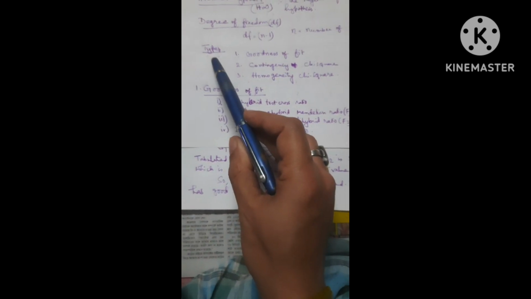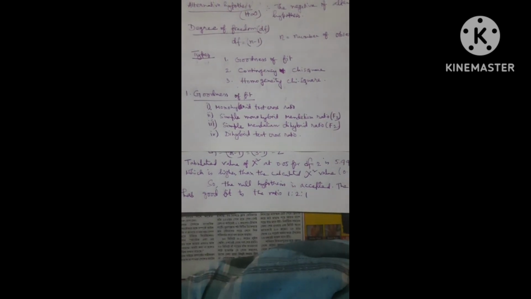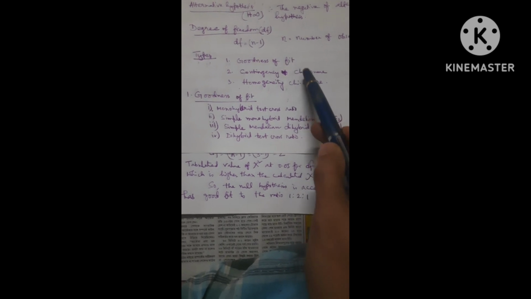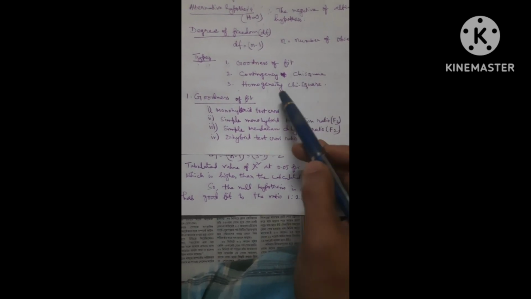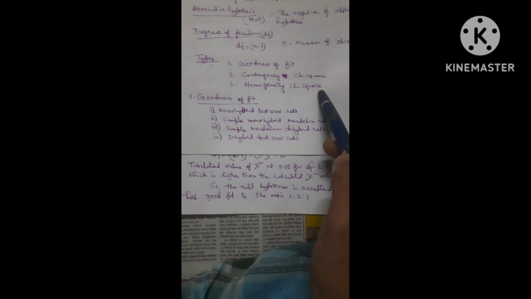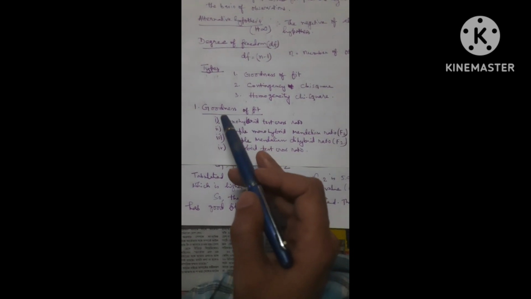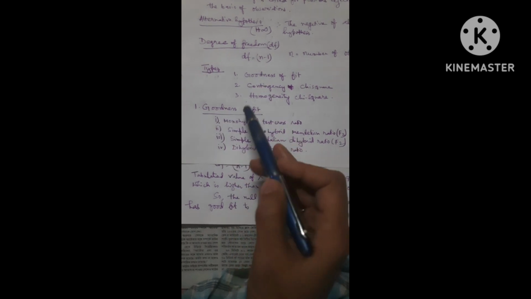Now, types of chi-square. There are mainly 3 types of chi-square: goodness of fit, contingency chi-square, and homogeneity chi-square. We will discuss all 3 chi-squares. So first, goodness of fit.